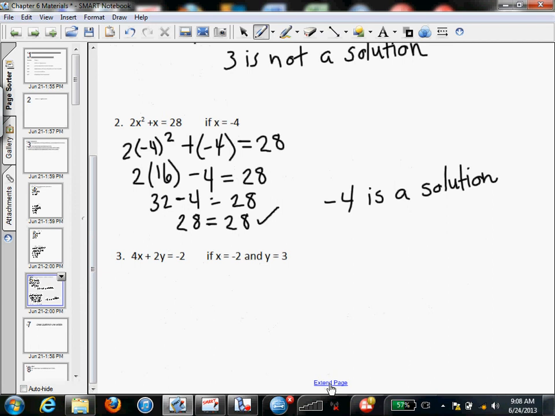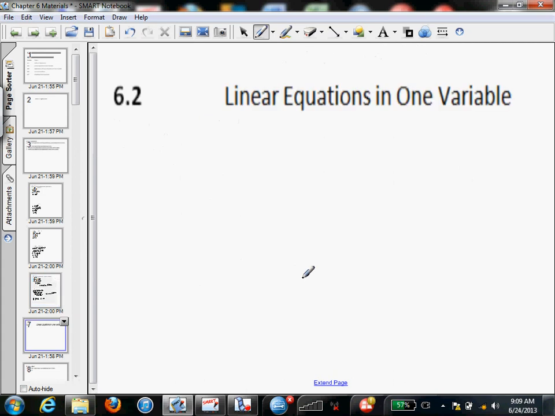Okay, and finally, the last problem set example found in set 2 for 6.1 will look something like this, where we have 2 different variables and each has a corresponding value. So let's just start off, and I'm going to open up parentheses. So 4 times open and close parentheses plus 2 times open and close parentheses equals negative 2.